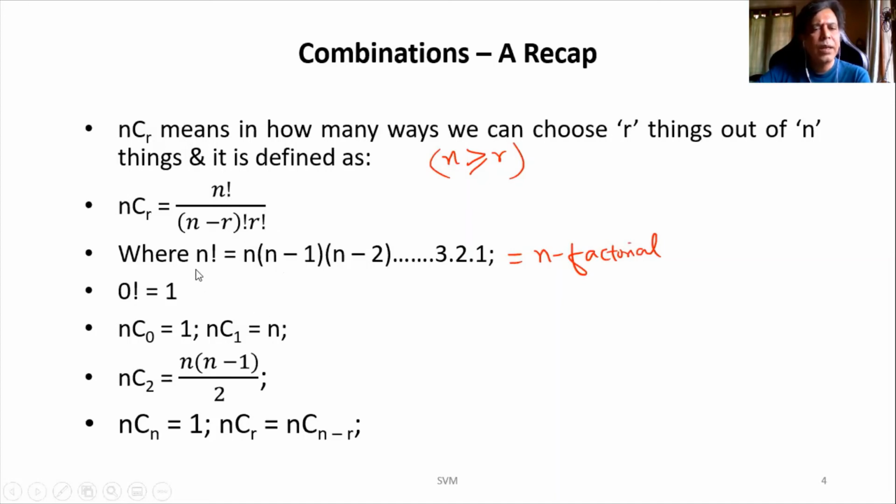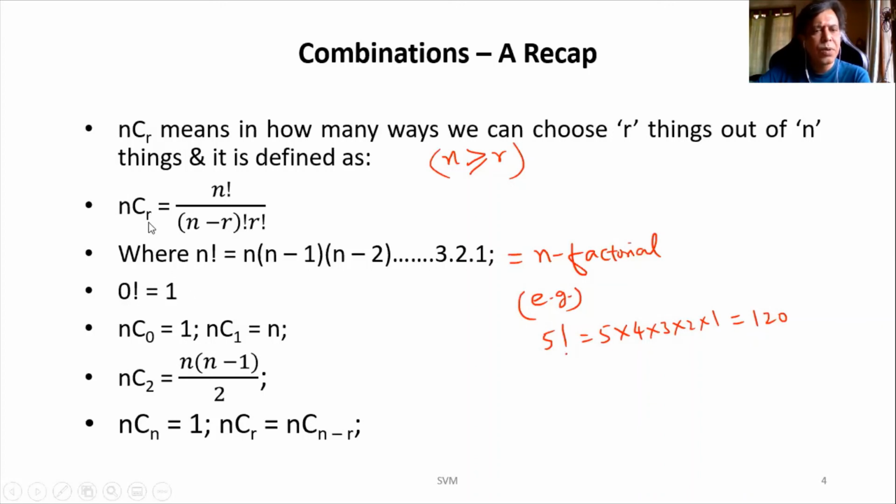What is n factorial? It is n into n minus 1 into n minus 2 and so on up to 3 into 2 into 1. For example, 5 factorial is 5 into 4 into 3 into 2 into 1, which gives us 120. And 0 factorial is always considered to be 1. So if I substitute r as 0 and evaluate this, I will get the result as 1.